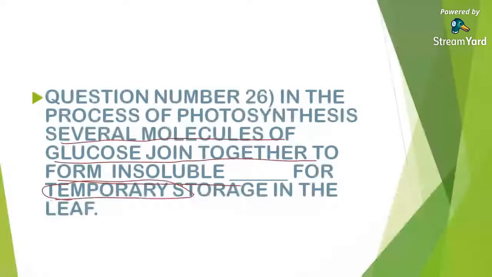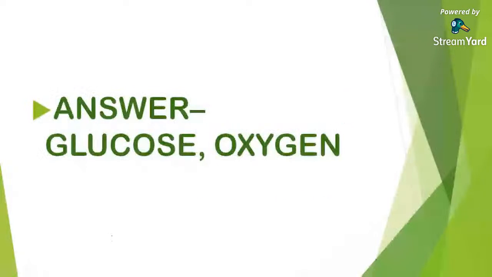But what is the name of that chemical? That sugar, what is the name of that? Starch. Starch is insoluble. Clear? So it gets stored, and when plants need more food, this starch is again converted back into glucose and then utilized by the plant body.